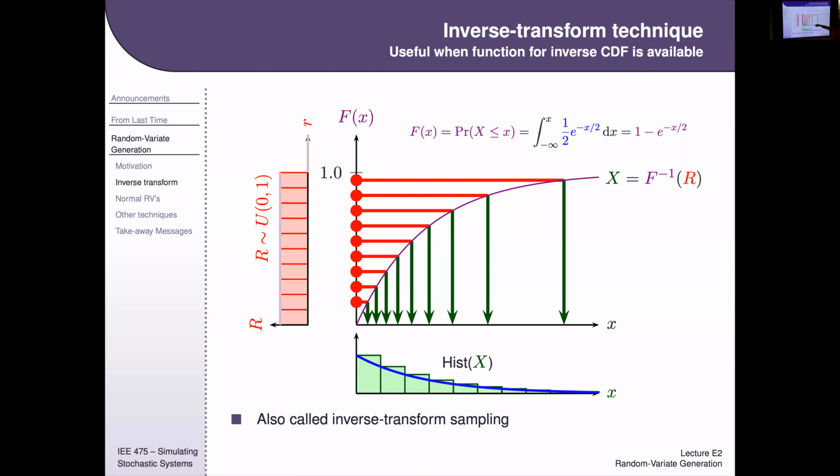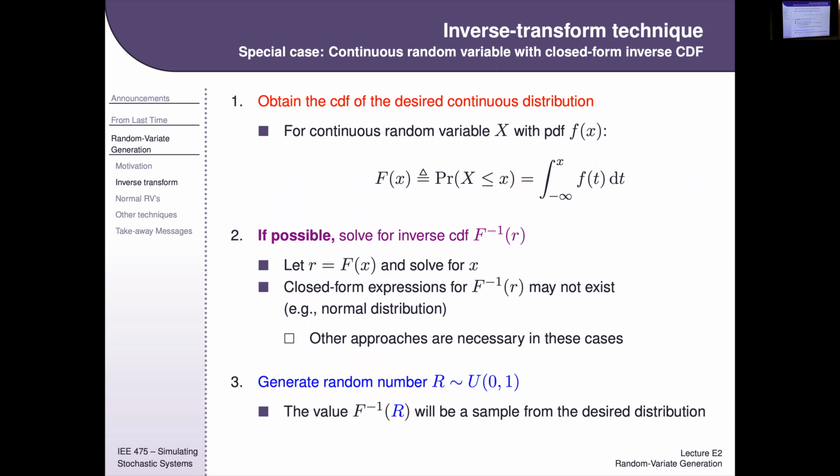The idea is, if I've got a CDF up there, I take that CDF, which is plotted down here, and I invert it so that I use the y-axis as the input and the x-axis as the output. Then I can push in uniformly distributed random numbers and get random variates out. This is inverse transform sampling.